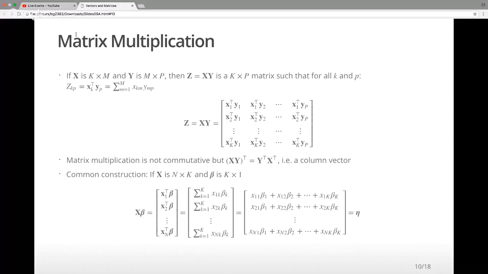Also, matrix multiplication is not commutative, whereas one of the fundamental properties of scalar multiplication is that it is commutative. But basically, matrix multiplication is really just a bunch of scalar operations, particularly scalar products and summation.